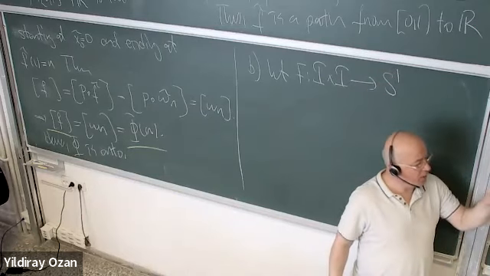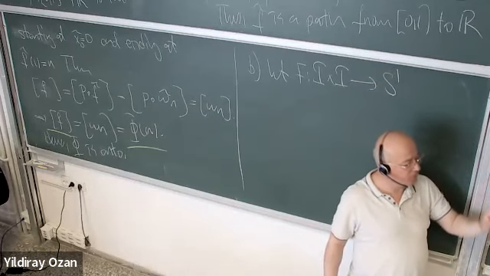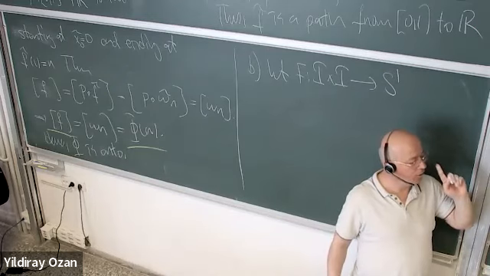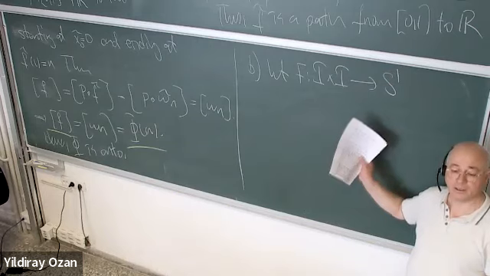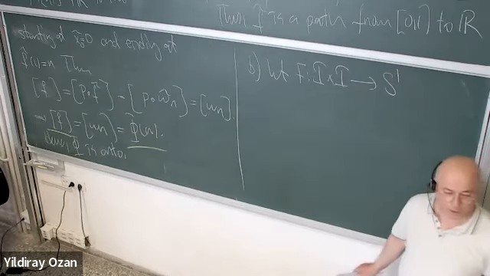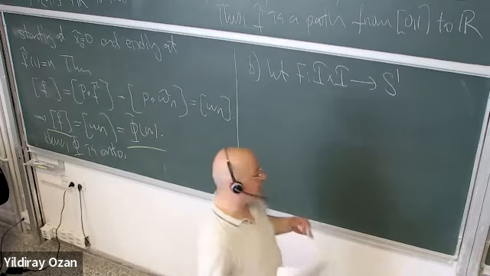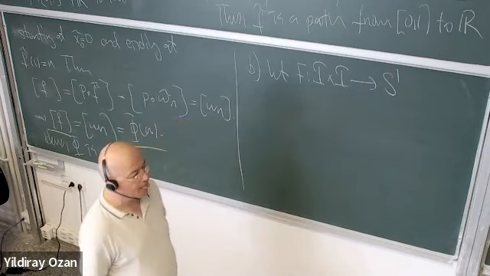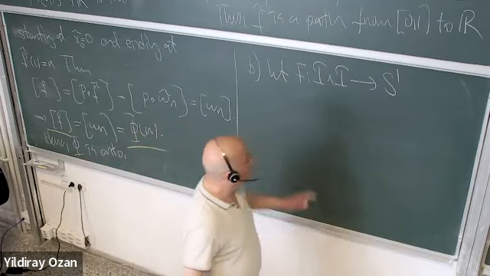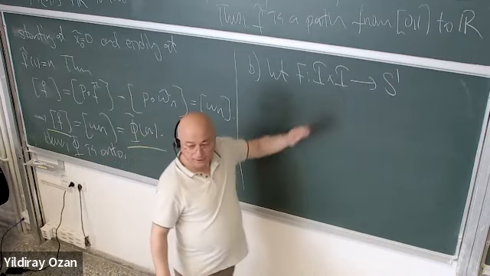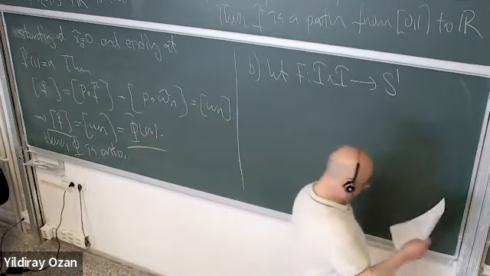Part A gives us lifts of paths. Part B will give us lifts of homotopies. Okay, so basically they are the same result. One of them has domain an interval, it's a path. The other one has domain like this, and it's a homotopy.